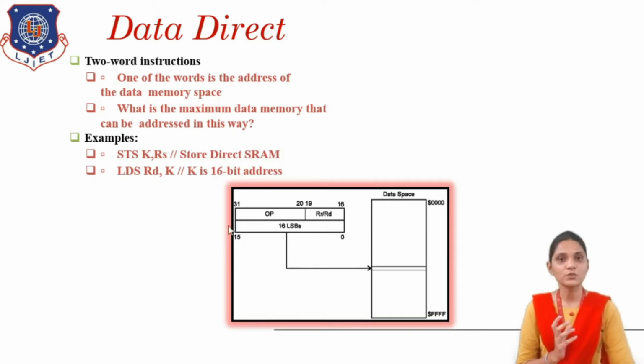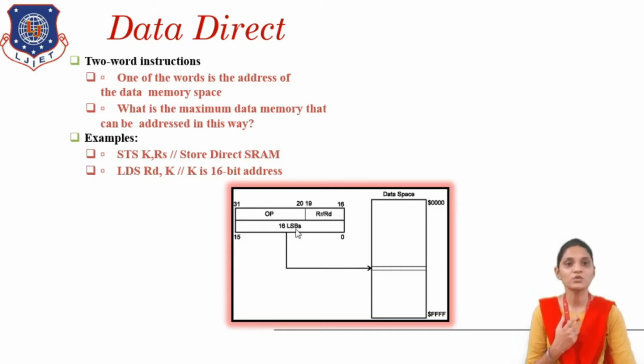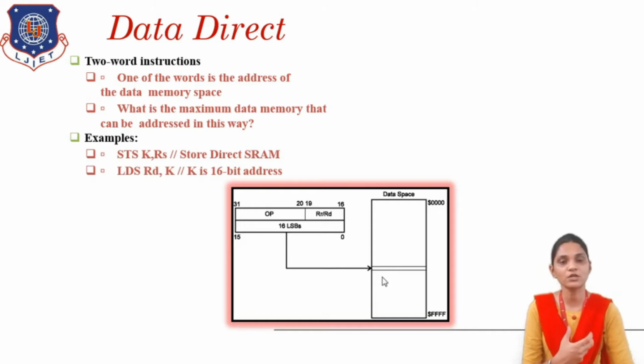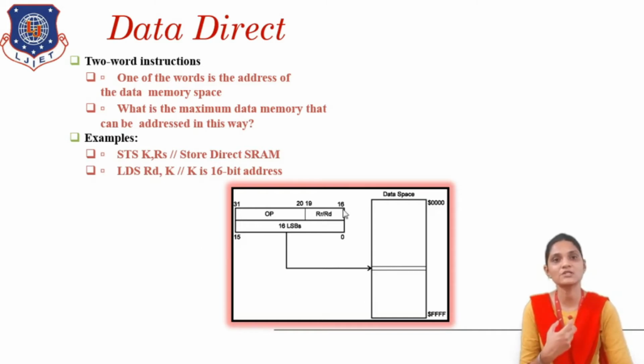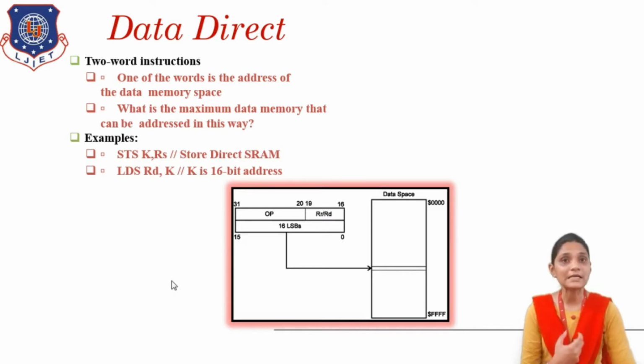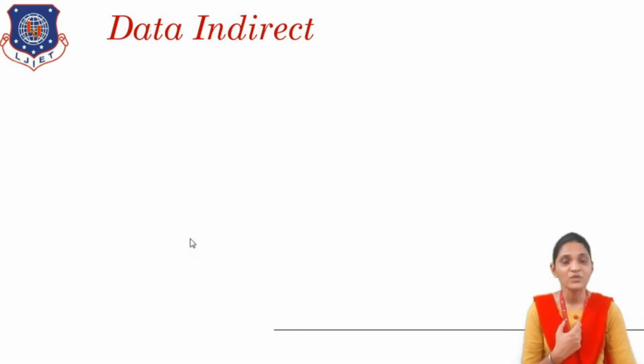So the total size of the instruction will be the operation code plus the address of the register plus the 16-bit memory address. By using this, you can store your data to that particular memory location, or access data from that location and store it into the register. So this is the data direct addressing mode.